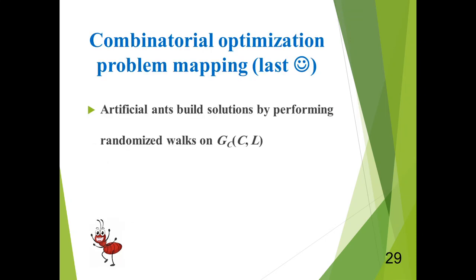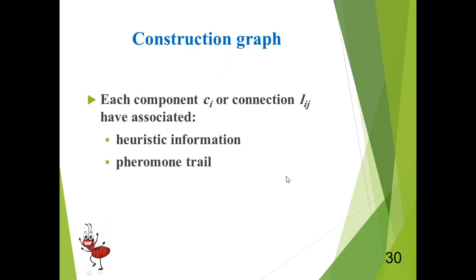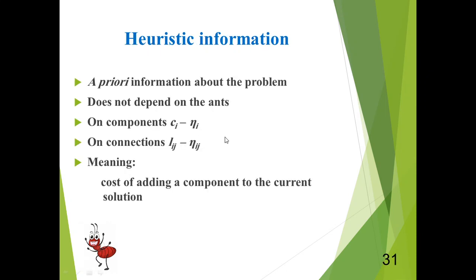Number five, or the last one, a problem mapped to combinatorial optimization: artificial ants build solutions by performing randomized walks on GC, the construction graph. Each component Ci or connection Lij has associated heuristic information and pheromone trail.